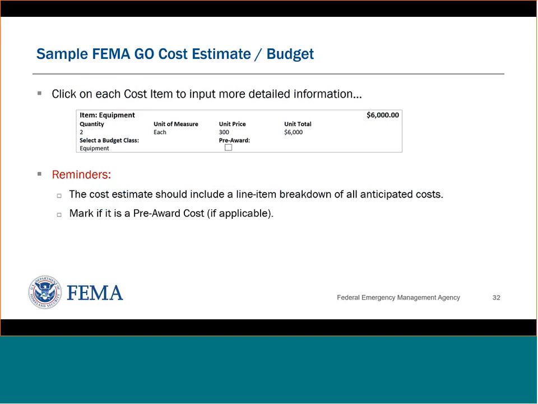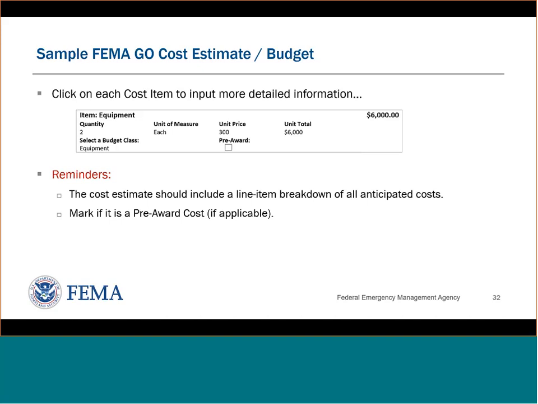So here's basically a sample FEMA Go budget item that you can use in FEMA Go to identify, okay, so you have equipment. You have 2 of your equipment. So I'm assuming you've got 2 items that are being either rented or purchased. And the unit price for these is $300, but the total for equipment here is $6,000.